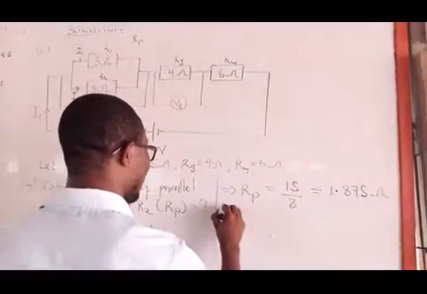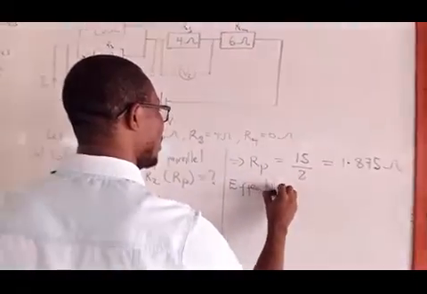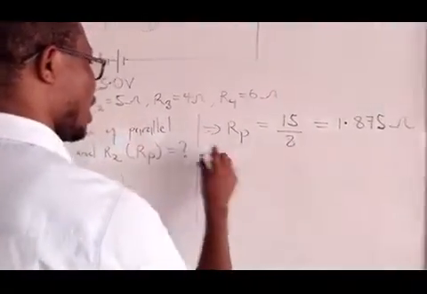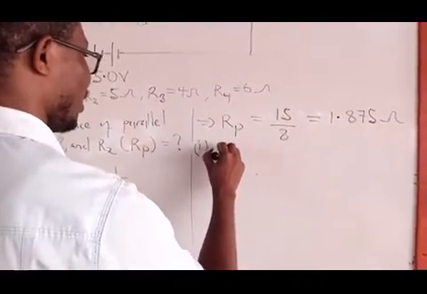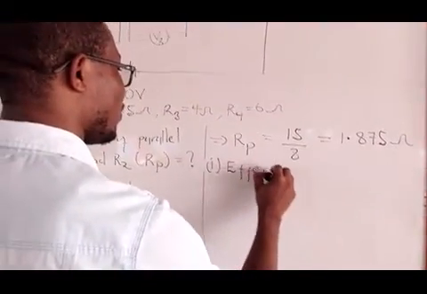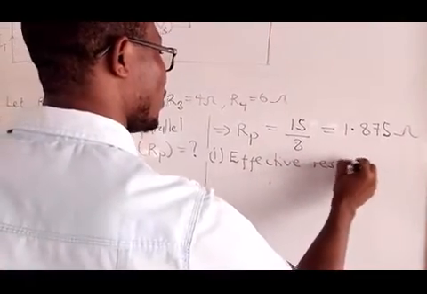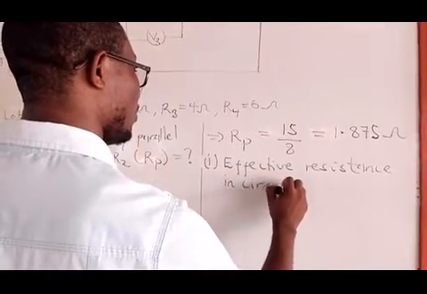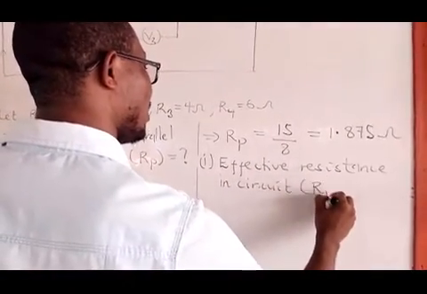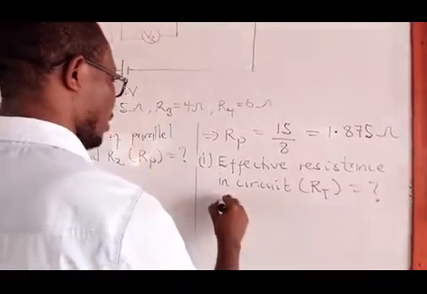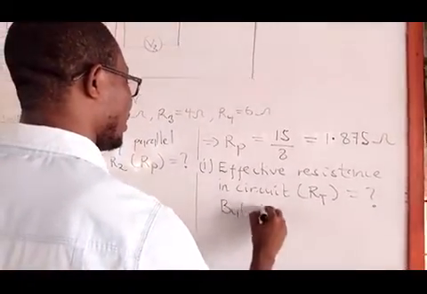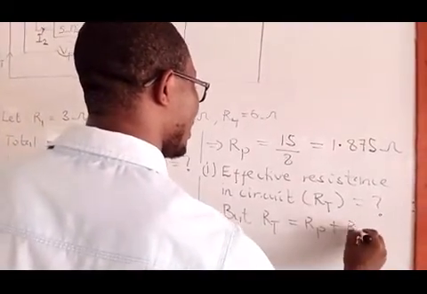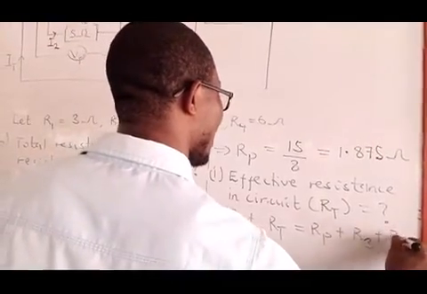So effective resistance in the circuit, that's RT. Your RT here will be the sum, Rp plus R3 plus R4.